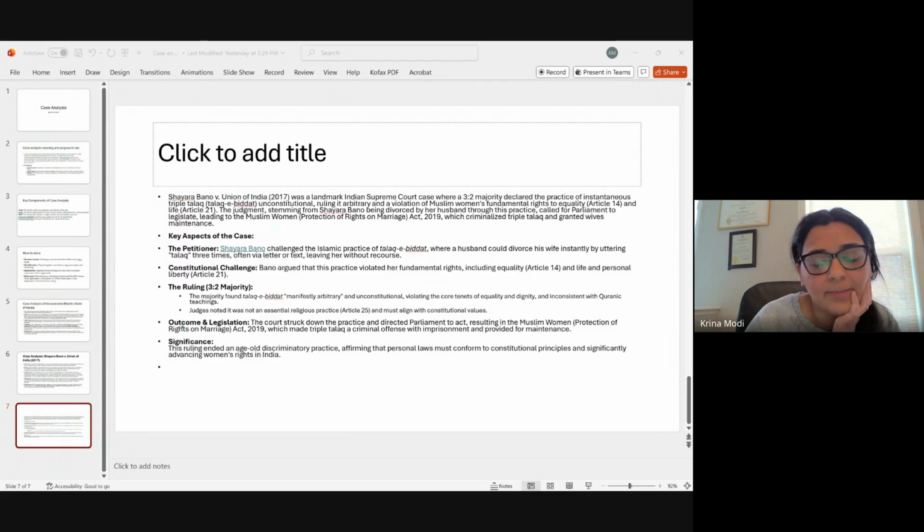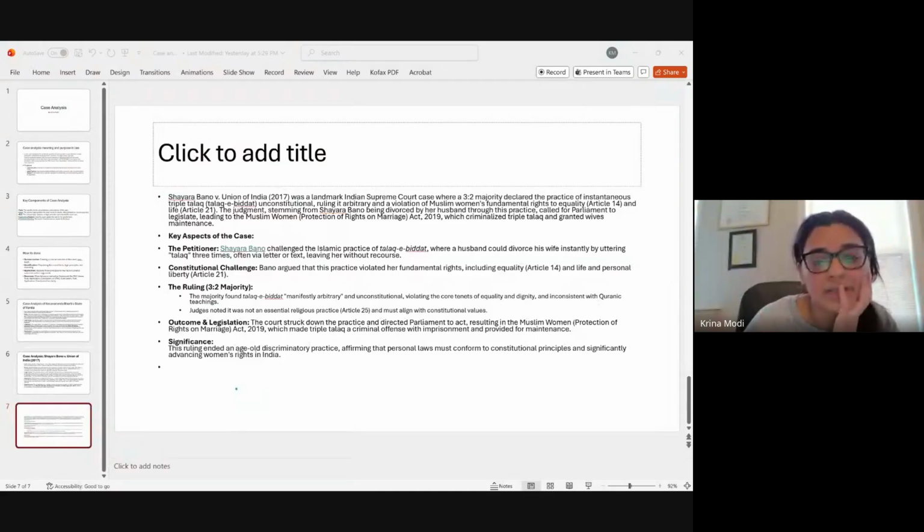In my initial slides, I had explained what are the key aspects of analysis. So this is a short analysis of how we analyze the case and how we apply the rules that we learned to analyze the case. So the key aspects of the case is the petitioner. First, we need to know what is the issue here.